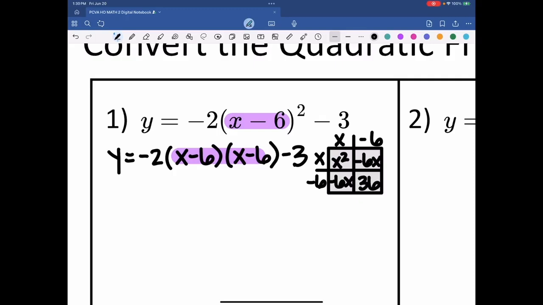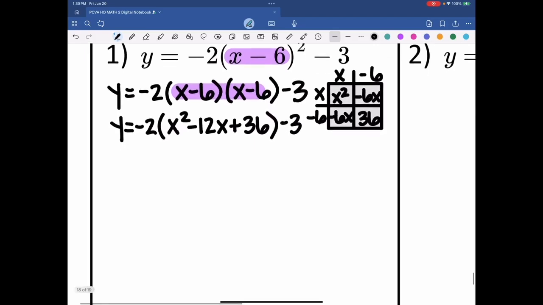When I combine my like terms, I'm going to put it back in the parentheses where the square was before. So that's going to be x squared minus 12x plus 36. And don't forget that minus 3 in there. And then we're going to distribute the negative 2.